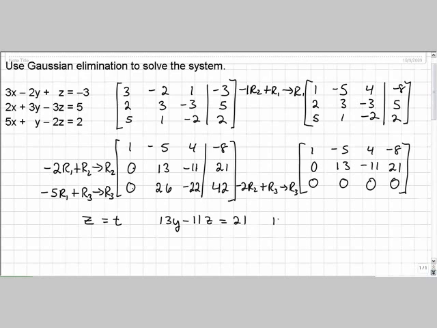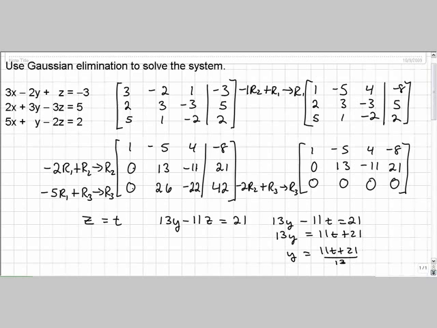So 13y minus 11t, t being our parameter, is equal to 21. So in terms of our parameter t, adding 11t to both sides and dividing by 13, y is (11t plus 21) over 13.